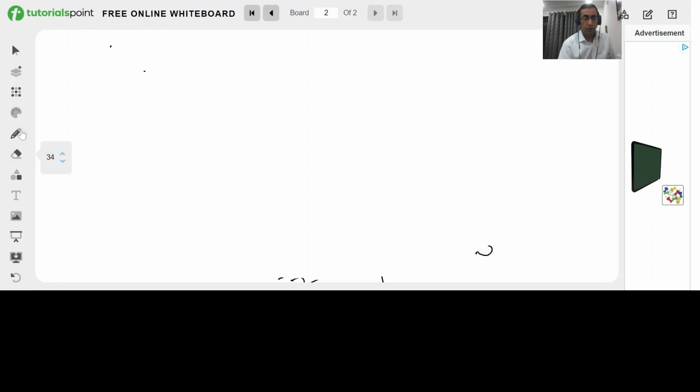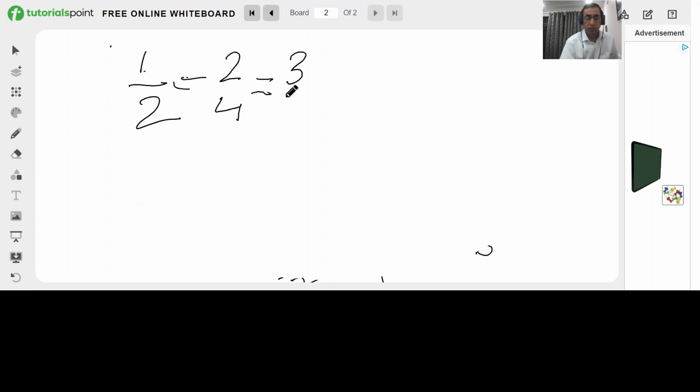First we will write 1 by 2 equal to 2 by 4, and that is equal to 3 by 6. Those are all equivalent fractions and their names have been changed, but not the values.